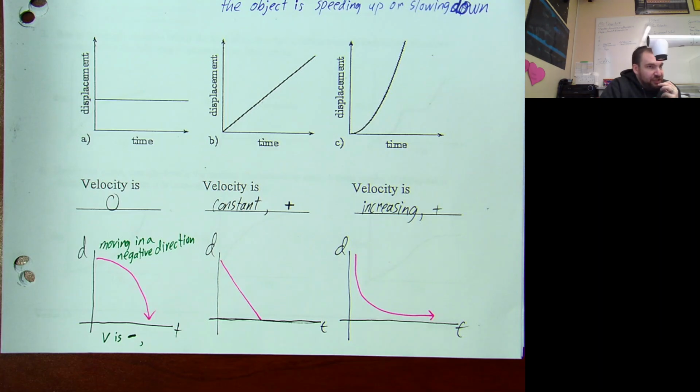What does a decreasing slope look like on a set of graphs? Don't point at pictures. Use words. Talk to me about slope.